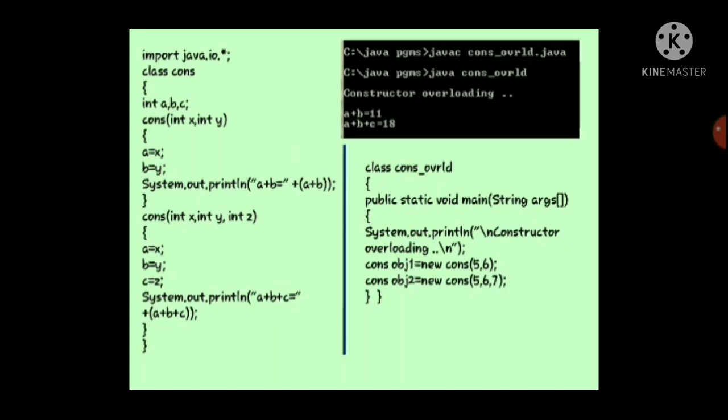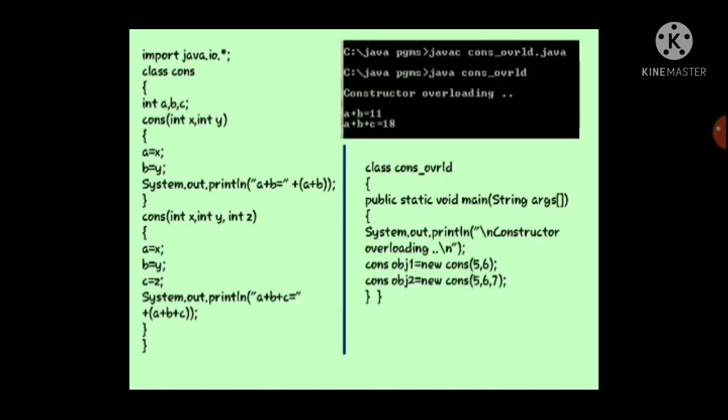So a, b, c are the variables of the class. Then the cons constructor: in the first constructor we pass two integers, and we simply assign x to a and y to b. Then we add a and b. That's about the first constructor.